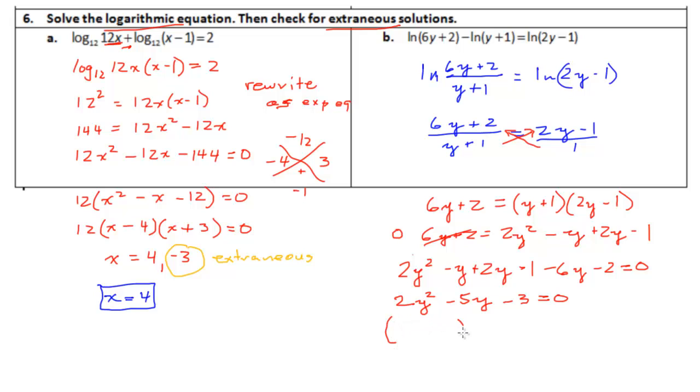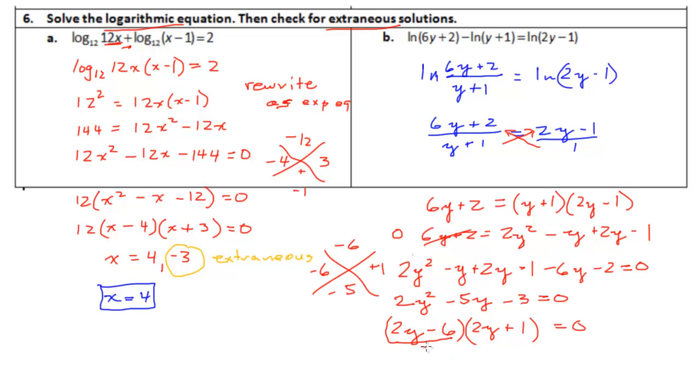And we'll see if this factors. Bring 2y into both of these factors. We are looking for factors of 2 times negative 3, or negative 6, which add up to be negative 5. We had this combination a little earlier. This is minus 6 and plus 1.